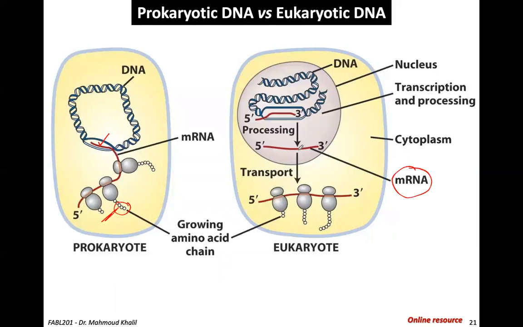This messenger RNA has to be transported to the cytoplasm in order to be translated. So one of the major differences is that in prokaryotes transcription of messenger RNA is coupled with translation and can occur simultaneously, while in the eukaryotes, translation has to wait until the messenger RNA is transported from the nucleus to the cytoplasm.